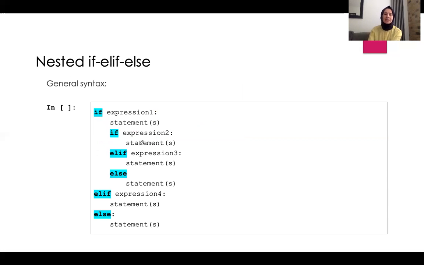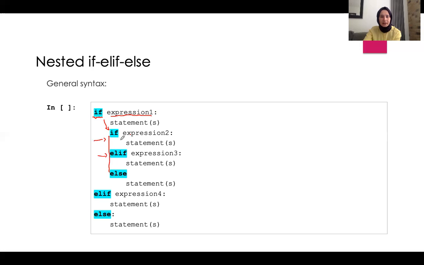Also, we have nested if, elif, and else. So basically, guys, you can use another if inside the if, and we call this as nested, right? So let's look at this example here. So first of all, you need to write an if, then you need to have a condition, right? Expression. Then if this condition is true, this statement will be executed. And also you can have another if inside this, under this if statement. As you can see, you have to put indentation.